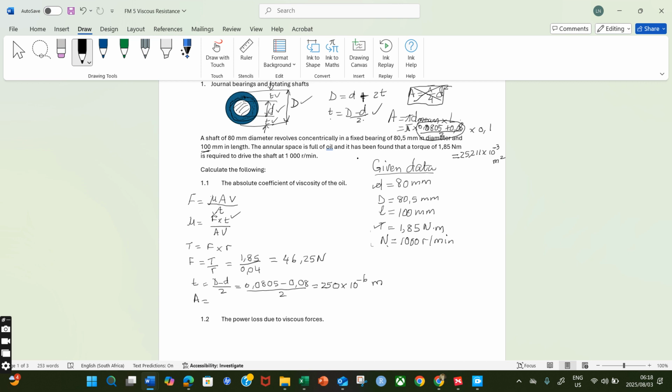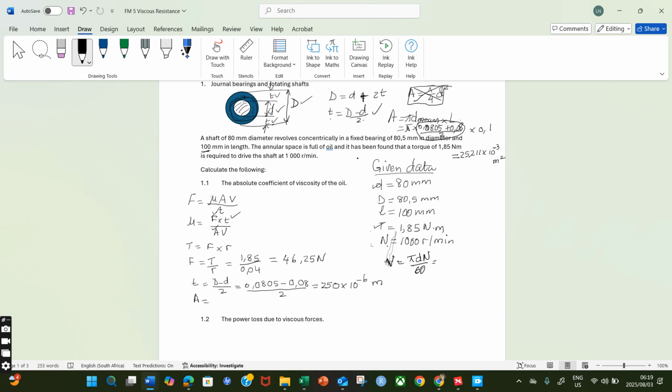Now in that formula, we have the area. The last thing that we need to calculate is the velocity. Given this information, V is equal to pi d n over 60. Here we use the diameter of the shaft.